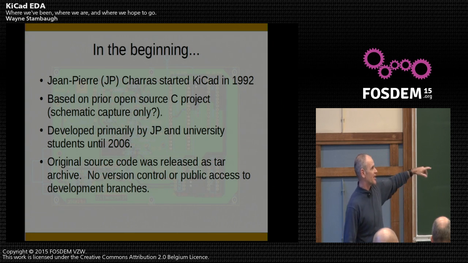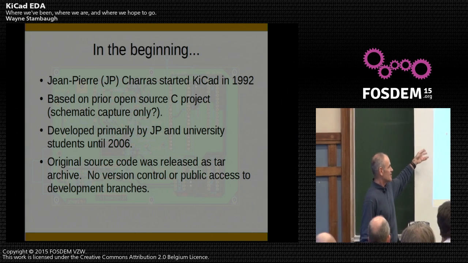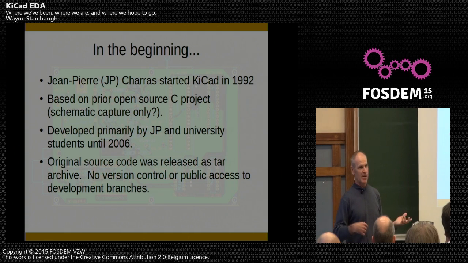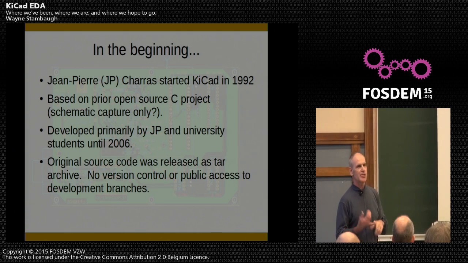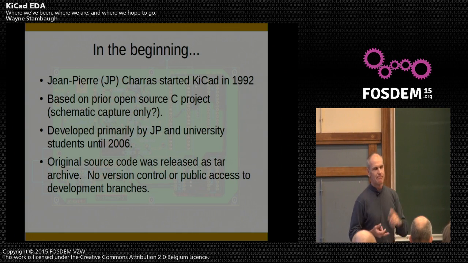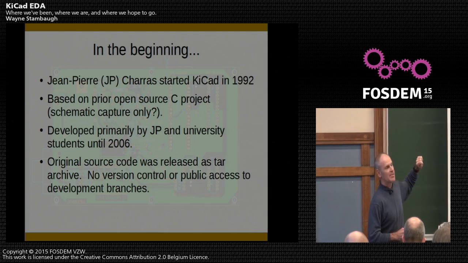When I joined the project, if you wanted to build KiCad, you had to download the tar archive. There were some hand-rolled makefiles, but there was no version control, no public access to collaborate. There was no mailing list, none of the things that we take for granted now in the project. And that's pretty much how it went for a long time.